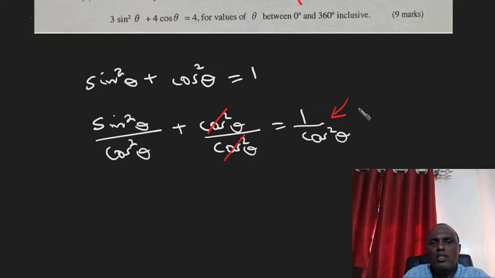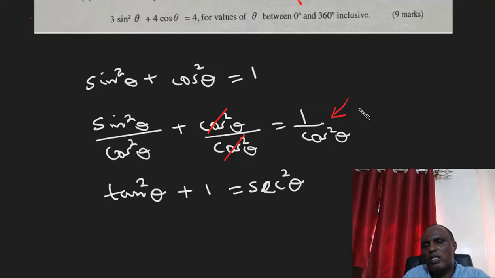Therefore, that identity will now reduce to tan squared theta plus 1 is equal to sec squared theta, because 1 over cos squared theta is same as sec squared theta. Therefore, we have been able to express sec squared theta as same as tan squared theta plus 1.